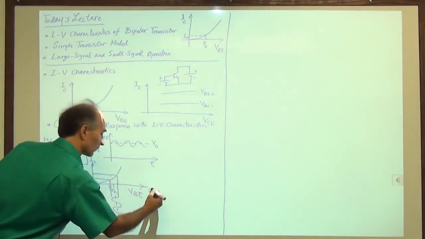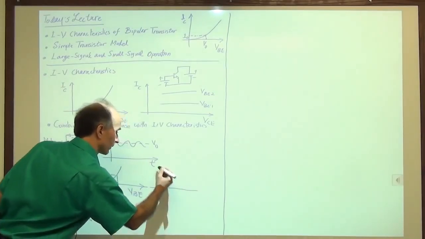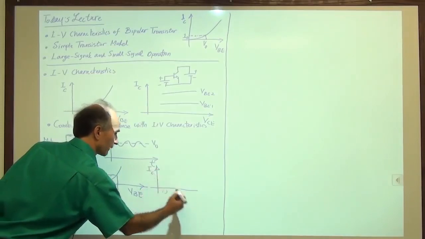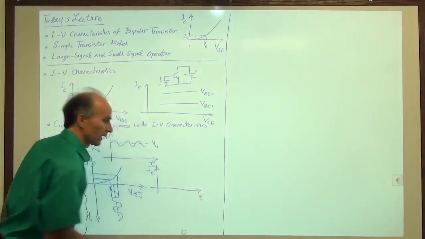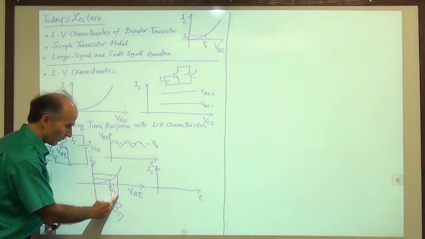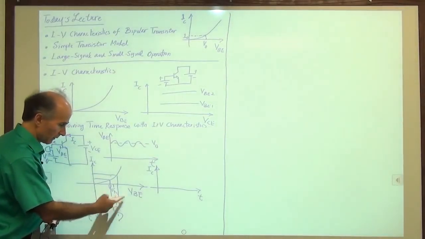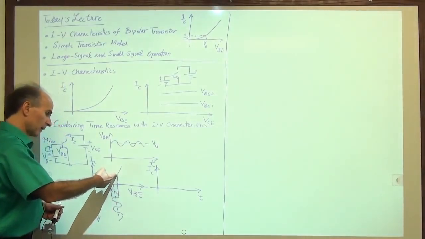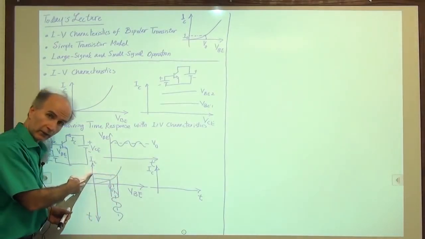So now I will construct another plane here, and I will call that IC as a function of time. And I perform this mapping operation. I say this point on VBE, this is the VBE axis, right? This point on VBE maps to this current in the collector.